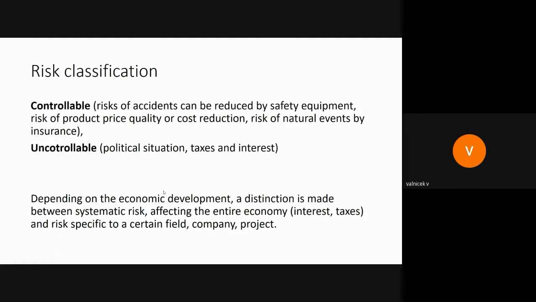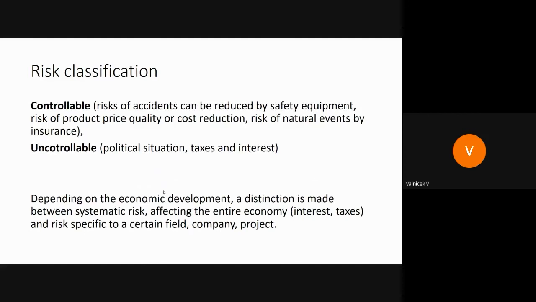Then we have the controllable risks and uncontrollable risks. So controllable risks of accidents can be reduced by safety equipment, a risk of product price quality or cost reduction, or for example, a risk of natural events by insurance.